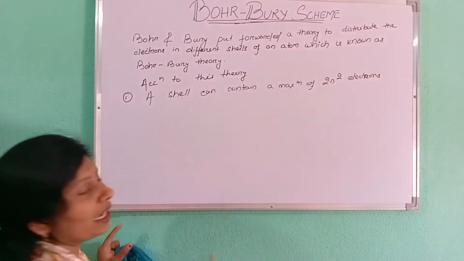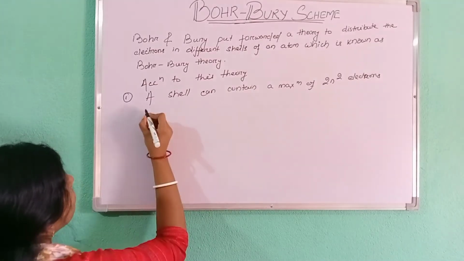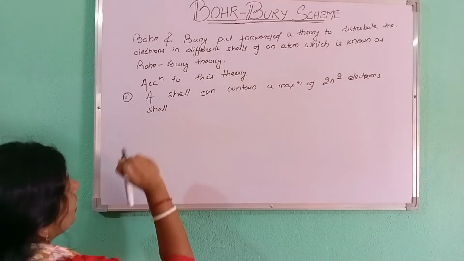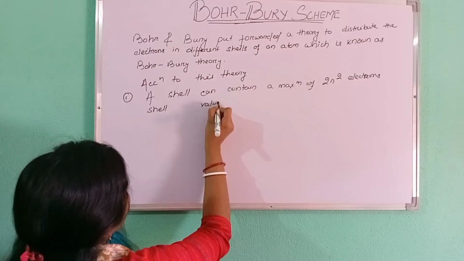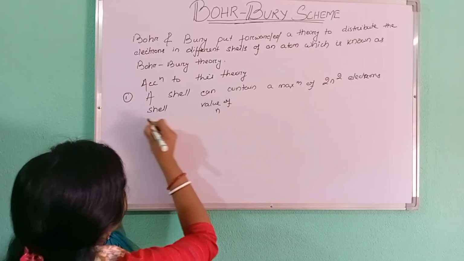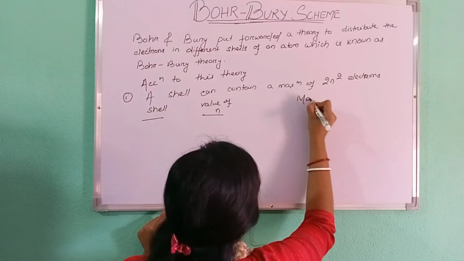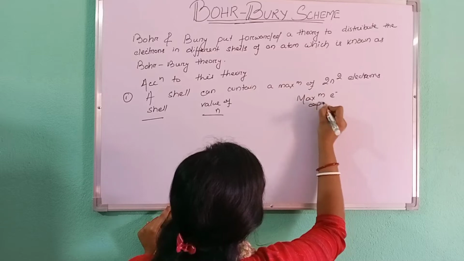Now what is n? n is the number of the cell. So let's have a chart: cell, value of n, and maximum electron capacity.